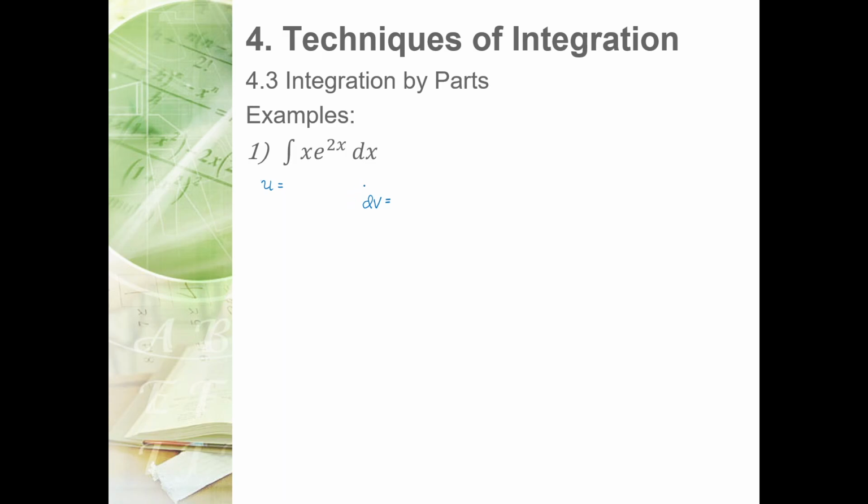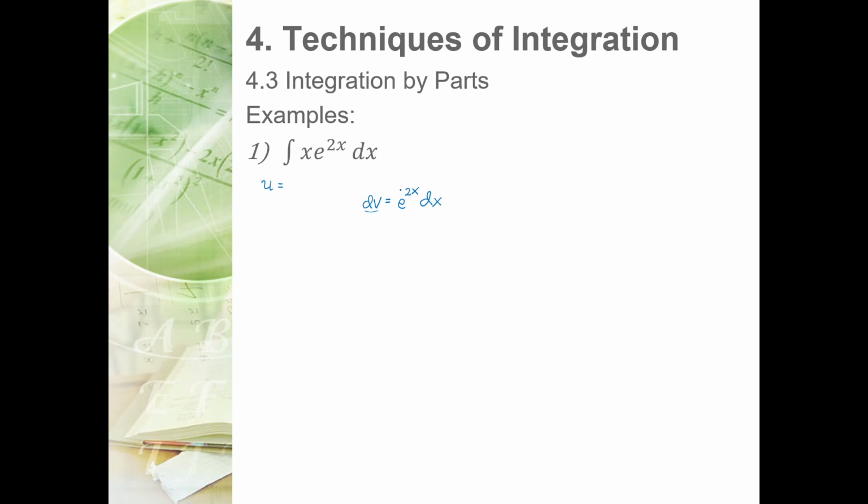Again, we need to look at dv first. It states that we must choose the most complicated term, and that term must be easily integrated. Among the two, x times e to the power of 2x, the most complicated term is e raised to 2x. Then again, don't forget the dx. Looking at e to the power of 2x, can we integrate it?